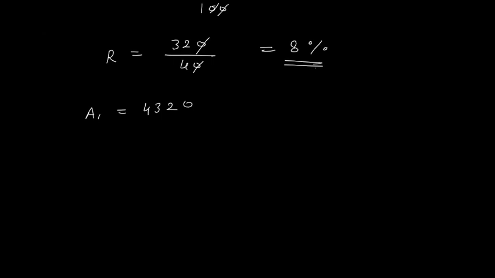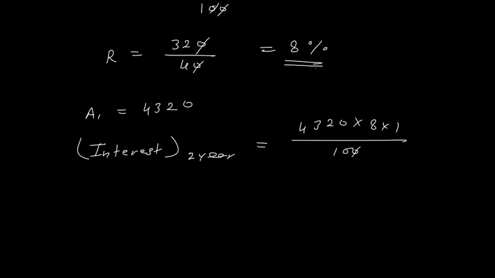4320. So here I will find the interest for the second year. Interest for the second year will be 4320 multiplied by 8 multiplied by 1 divided by 100. So this will give me 8 2s are 16, 8 3s are 24, plus 1 is 25, and 8 4s are 32. 32 plus 2 is 34, divided by 10, that is rupees 345.6.